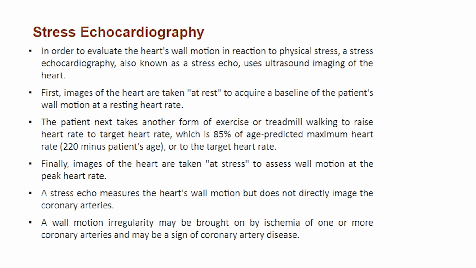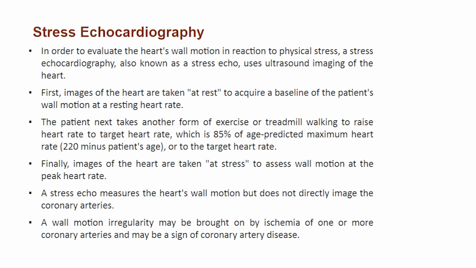Now, I will talk about stress echocardiography. In order to evaluate the heart's valve motion in reaction to physical stress, a stress echocardiography, also known as stress echo, uses ultrasound imaging of the heart. First, images of the heart are taken at rest to acquire a baseline of the patient's valve motion at a resting heart rate.